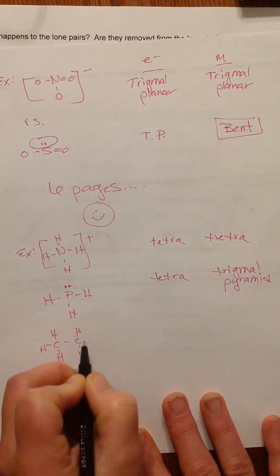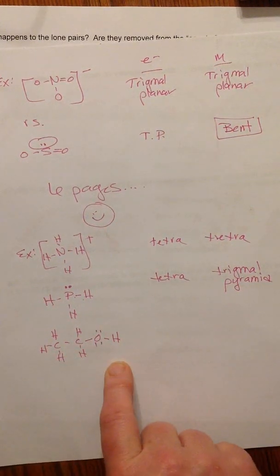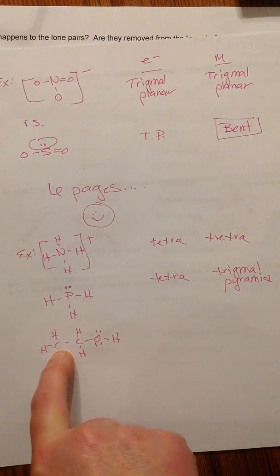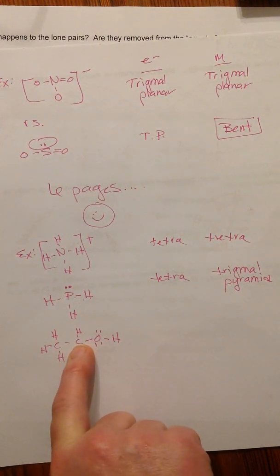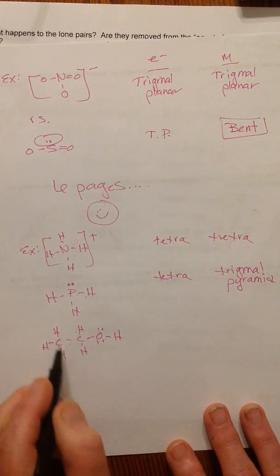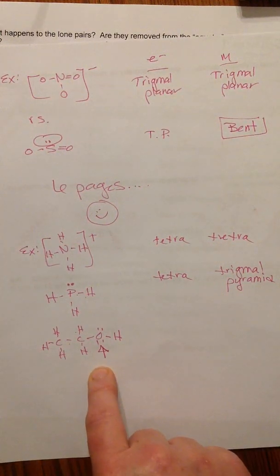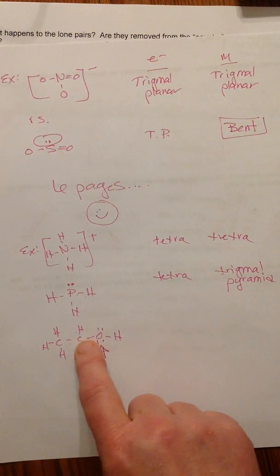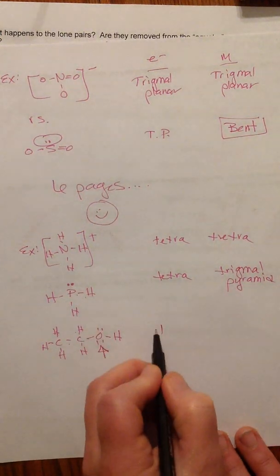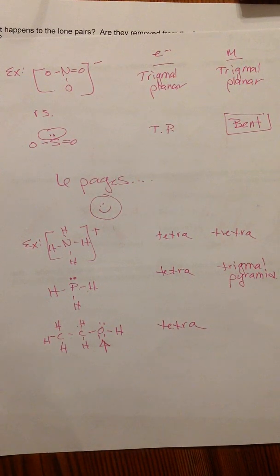Okay, and then last example, we can end up with molecules that have multiple central atoms, like this one. Carbon, this is tetrahedral. Carbon, tetrahedral. 1, 2, 3, 4. 1, 2, 3, 4. These are tetrahedral, but let's take a look at the oxygen. The oxygen here has 1, 2, 3, 4 areas of electron density, so we're going to call that tetrahedral. But there are two lone pairs.